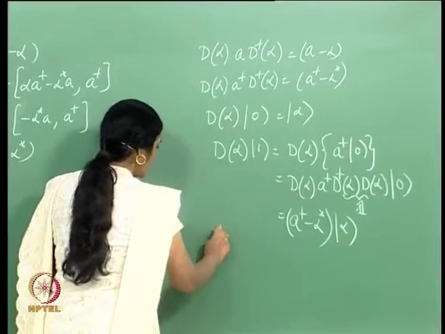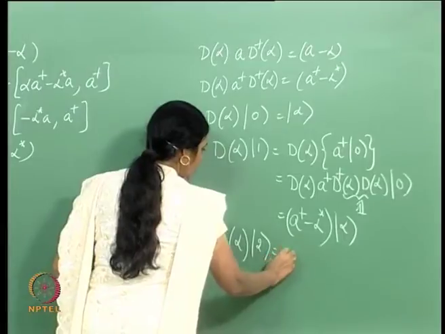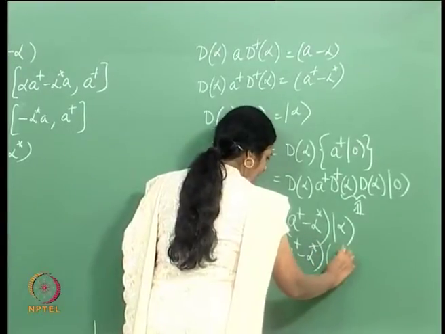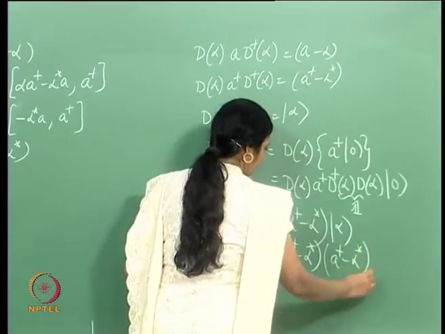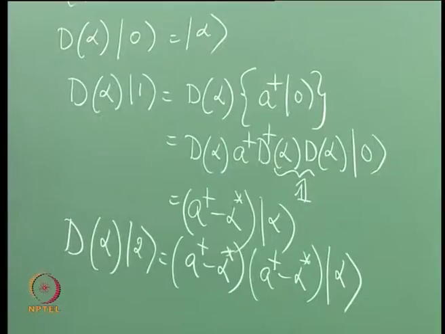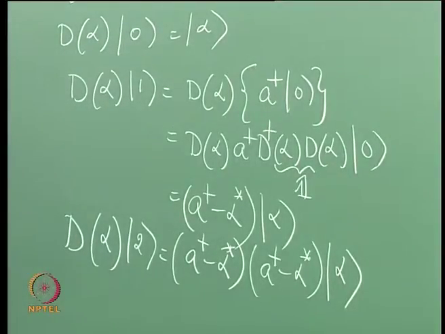So basically D of alpha on ket 2 is A dagger minus alpha star, again an A dagger minus alpha star on ket alpha. This gives me a very interesting picture.